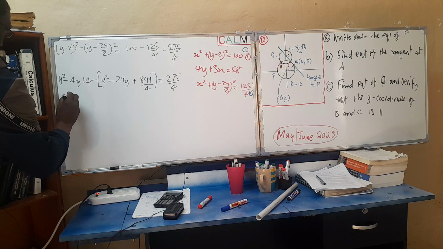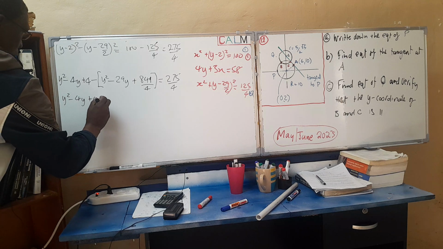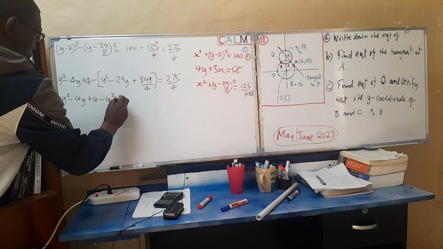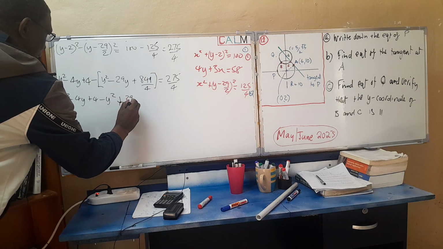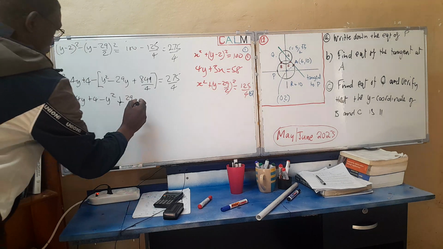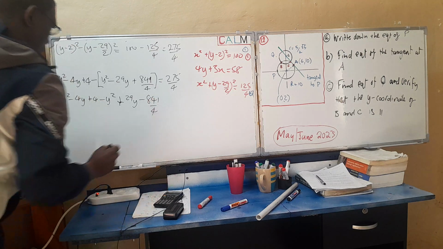So we have y squared minus 4y plus 4 minus y squared, plus, that becomes plus now, 29y, and this becomes minus 841 over 4.